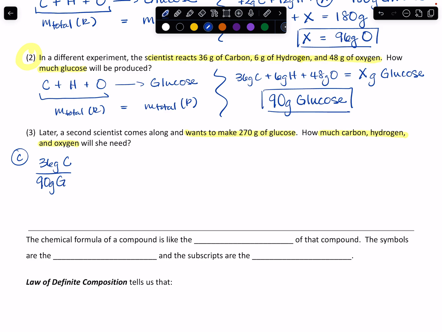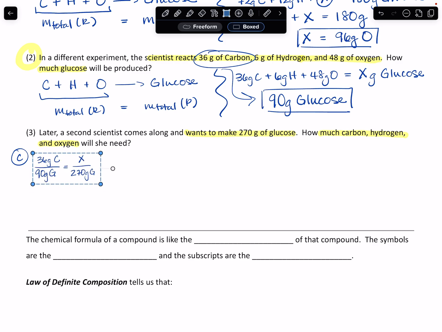That's what we learned from this problem here. So that means there must be some amount that I need if I'm going to make 270 grams of glucose. Don't forget, when you set ratios up like this, the easiest way to do the mathematics is cross multiplication.